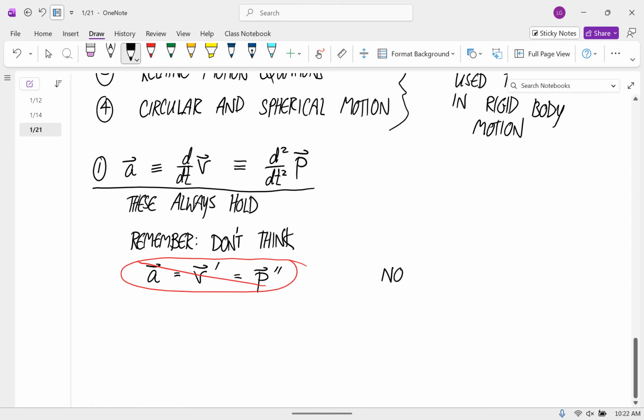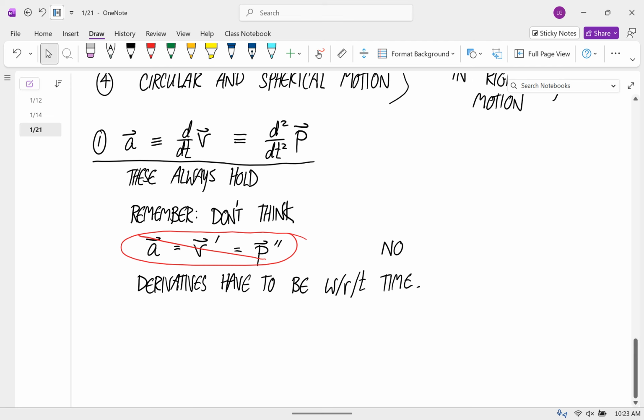So these derivatives have to be with respect to time. So in using these derivative relationships, there's two directions you can go. So what would we write instead of the A?